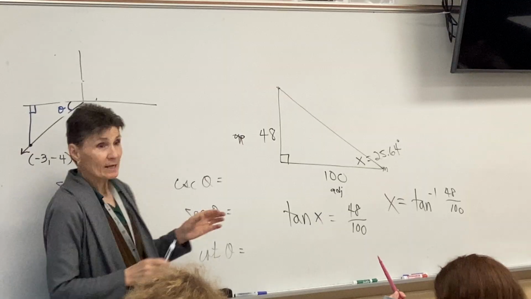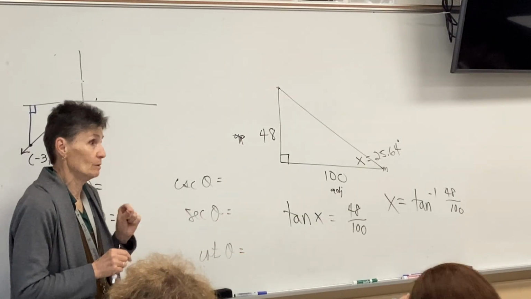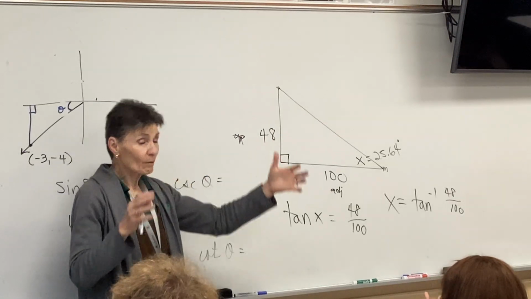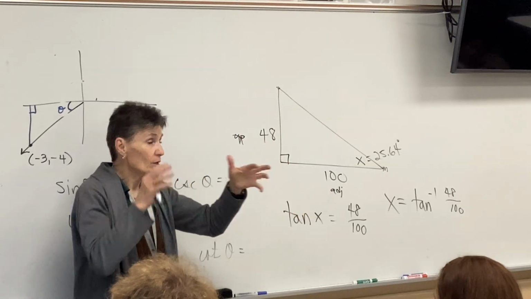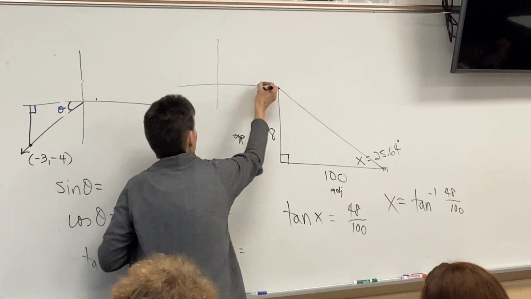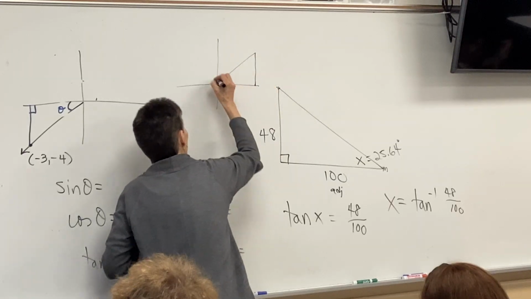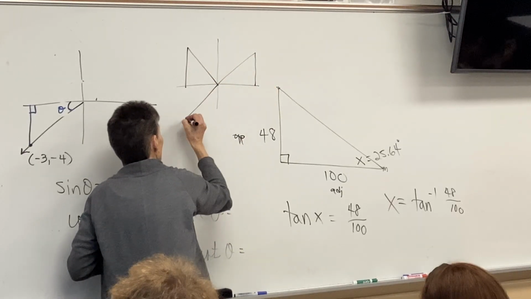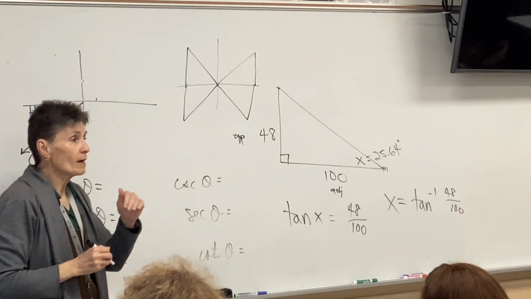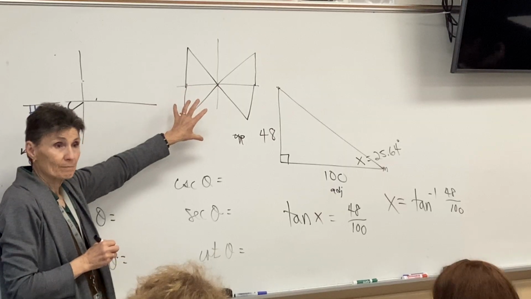Now, I think everything I tell you is extremely important, but I'm getting ready to tell you something that is really extremely important. We are branching out of quadrant 1. So we're going to be drawing triangles all over the place. The triangles that you draw must be part of what we call the butterfly bow tie. So any triangle you draw will be one of those.